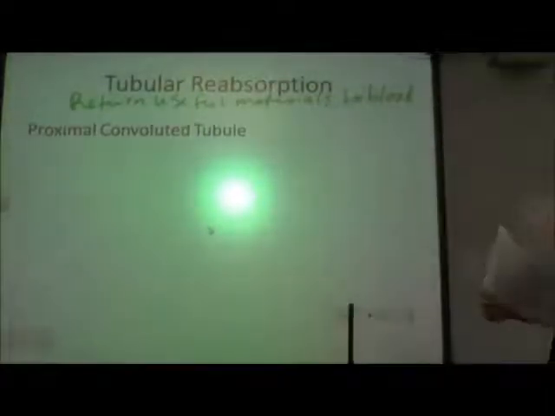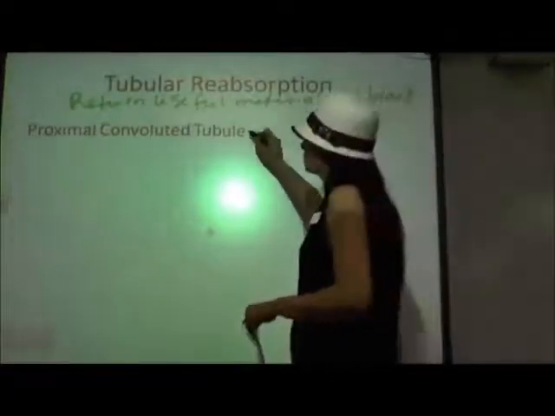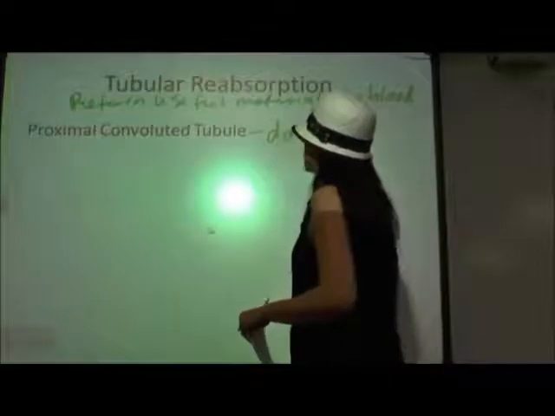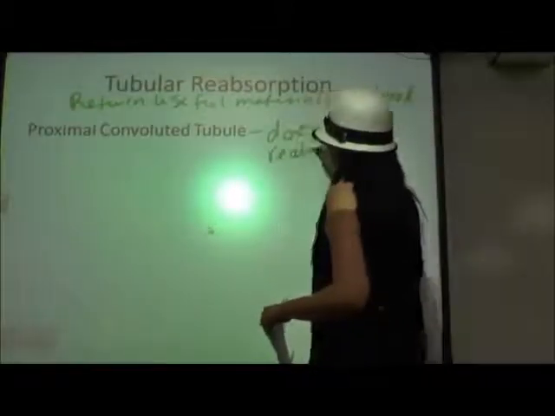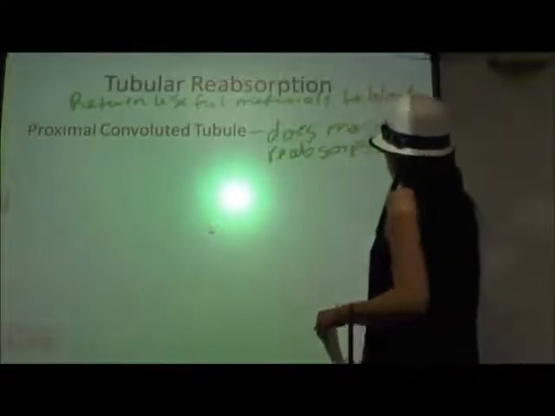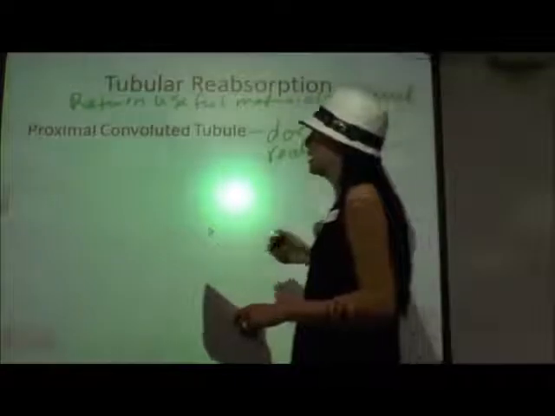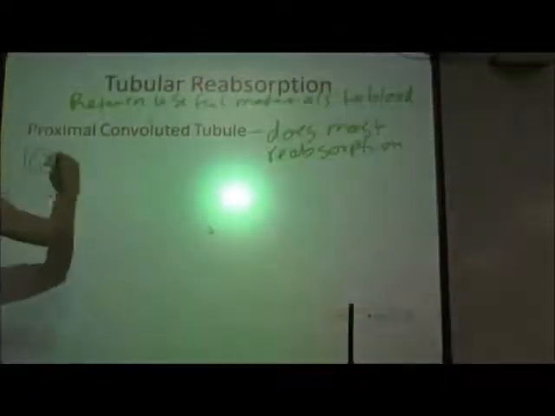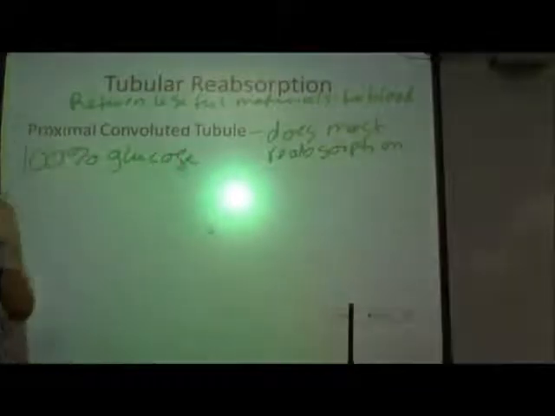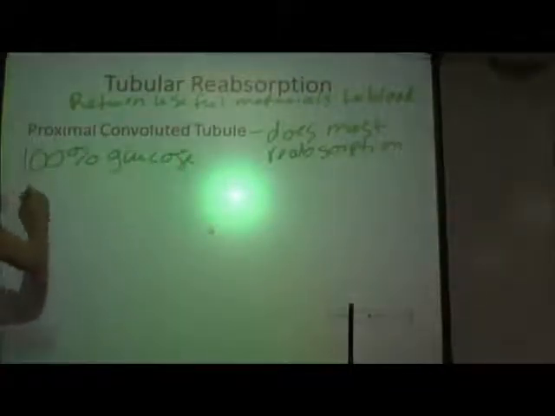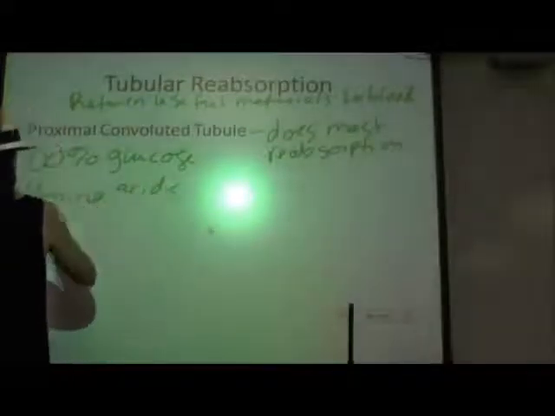So tubular reabsorption is the process by which we do this. And it begins in the proximal convoluted tubule, which actually does most of our reabsorption. The things that it is reabsorbing: it's reabsorbing 100% of glucose. It's reabsorbing nutrients like amino acids, vitamins.